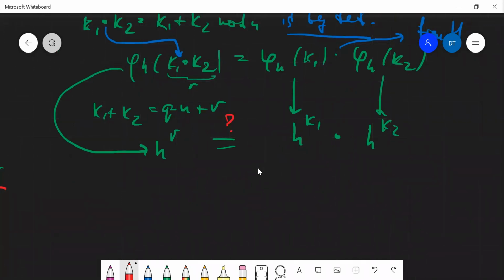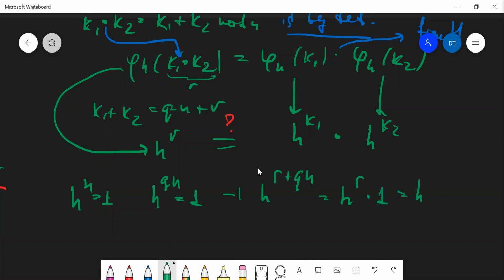Here we also know that h to the n is equal to 1, which means that h to the qn is also equal to 1. Then h to the r plus qn is equal to h to the r times 1, which equals h to the r.